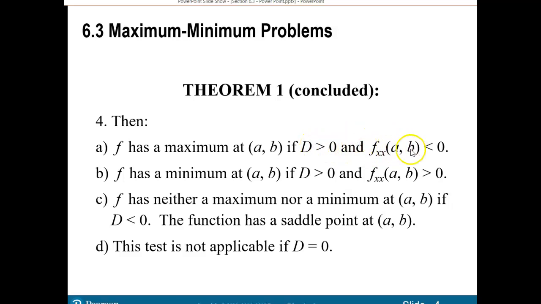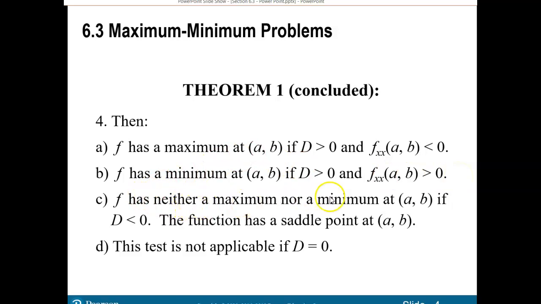So if D is positive, and that's true for your x twice, right? Concave down, that would be your max. f has a minimum at the point if again the value of D has to be positive first, then if your second partial with respect to x twice is greater than 0, remember second derivatives greater than 0 means concave up in shape, the U would mean you'd have to have a min.